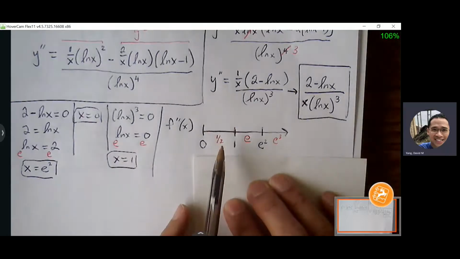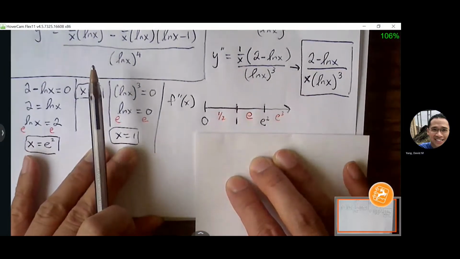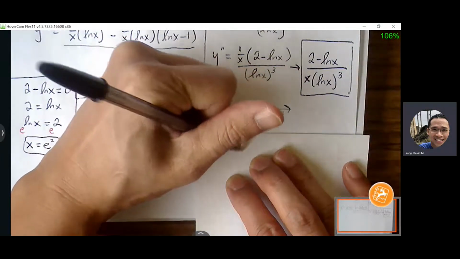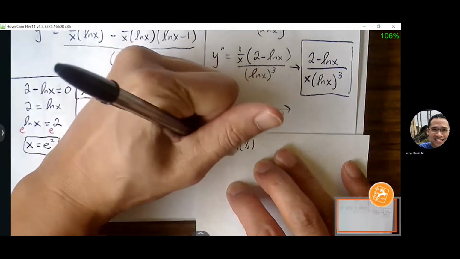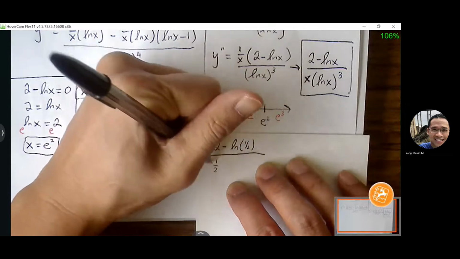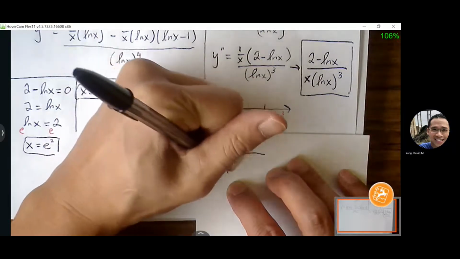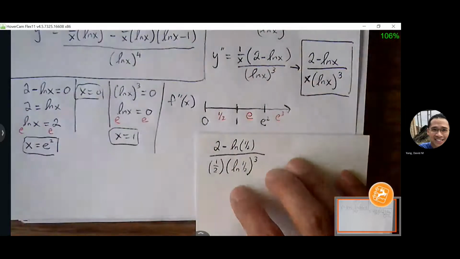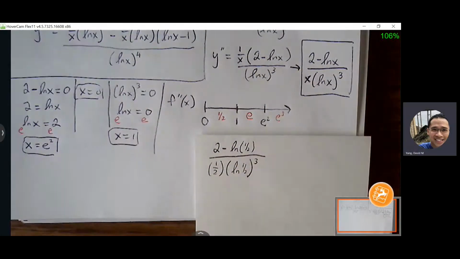Okay, so let's plug in 1/2 first. What do you know about natural log of 1/2?